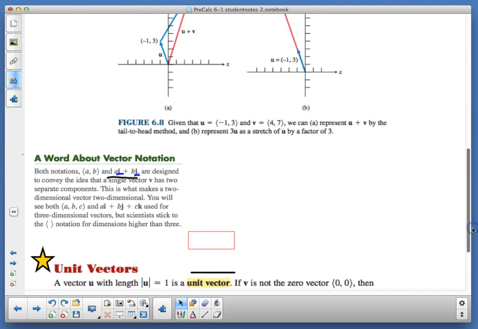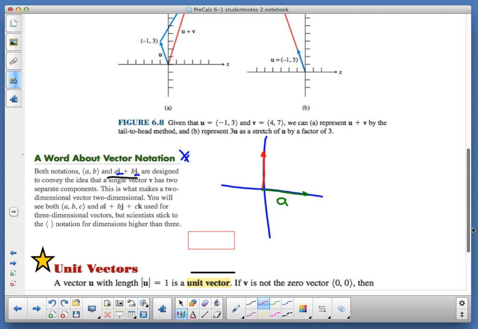Now, I talked about this vector notation thing, and we're going to get to it on the next page. So this word about vector notation, we're going to hit on again. But really, when we're talking about a vector, we have the A term and we have our B term.